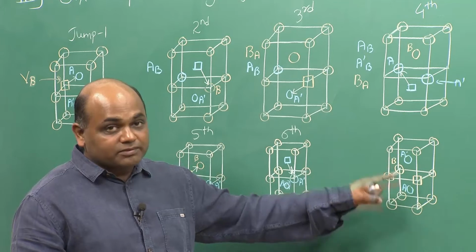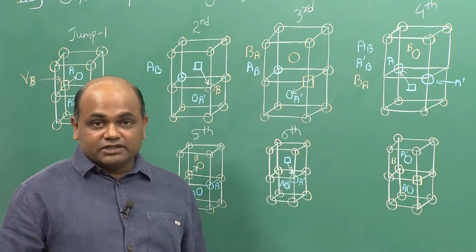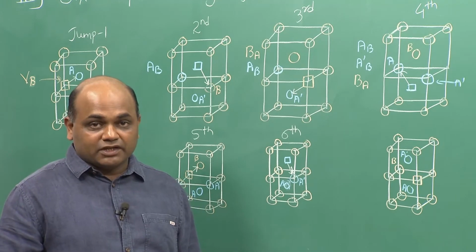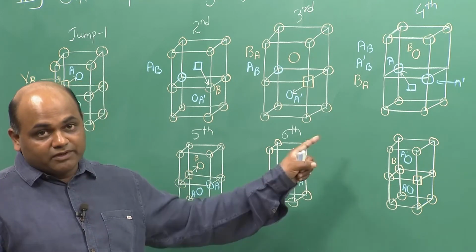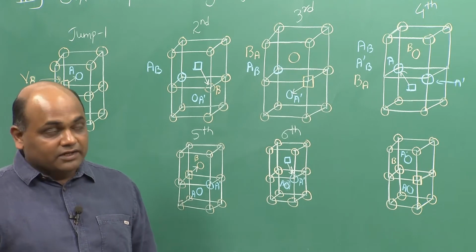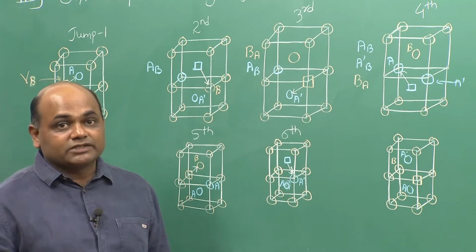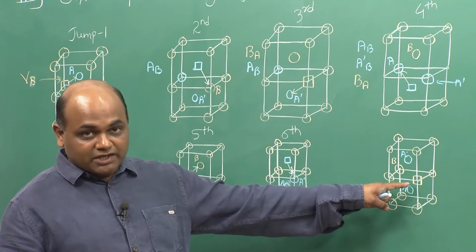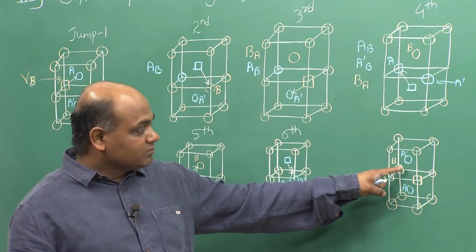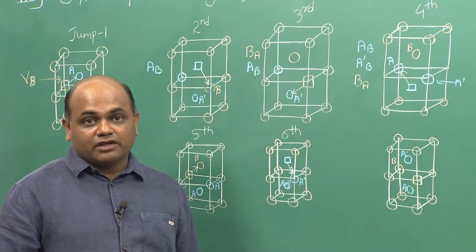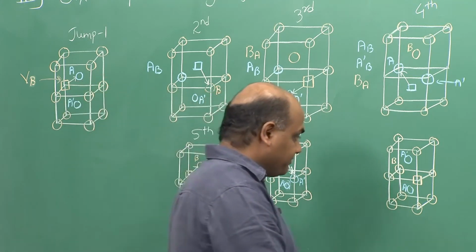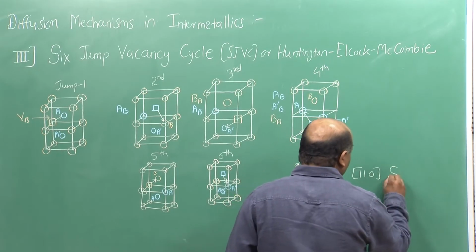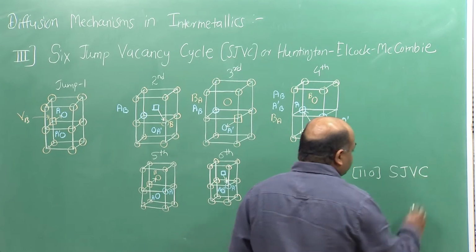And at the end of the 6th jump, the order is restored, no wrong bonds are left, and so this is one unit step of diffusion, and this is called SJVC, 6 jump vacancy cycle. At the end of this particular SJVC, the vacancy has moved along 110, and so this is denoted as 110 SJVC.